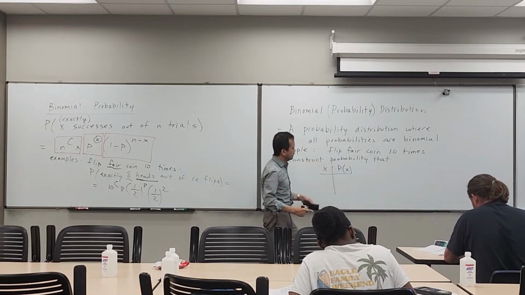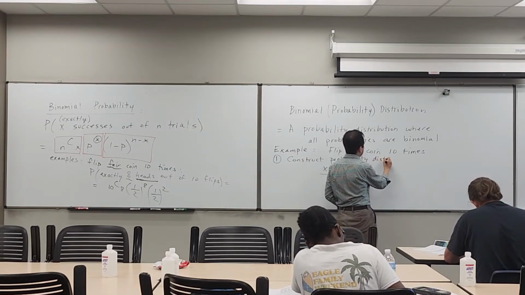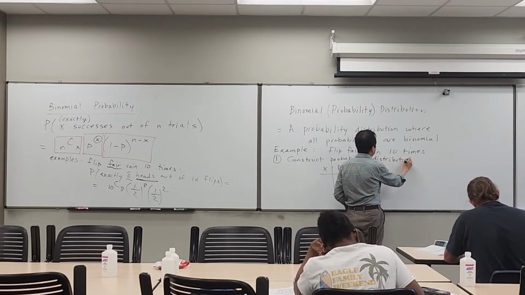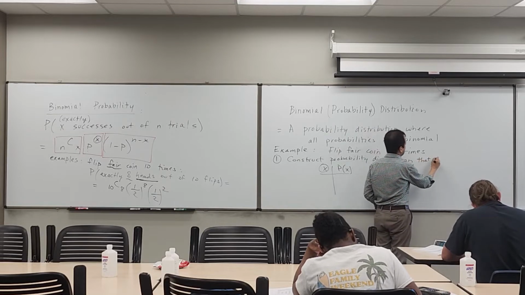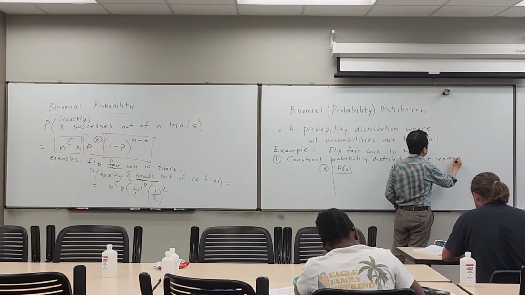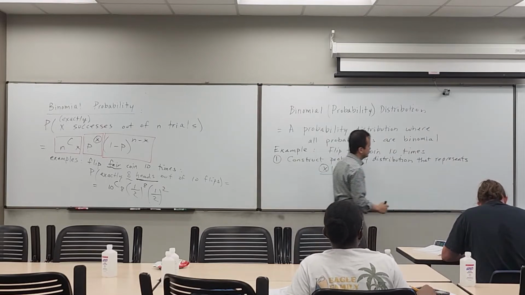So we want to construct a probability distribution where your x variable here represents the number of heads observed out of 10 flips.